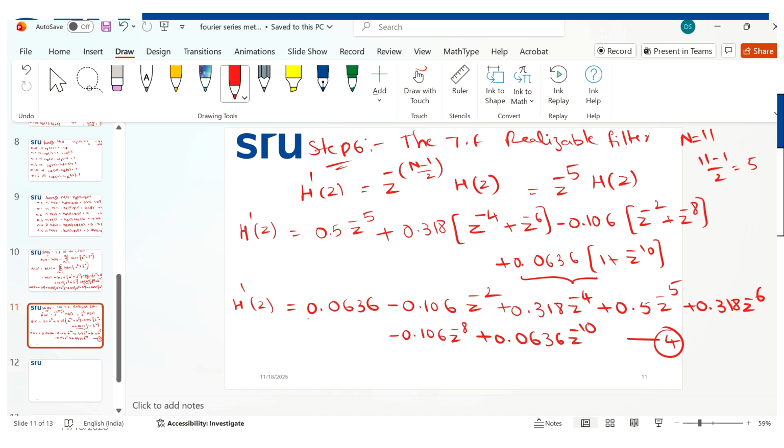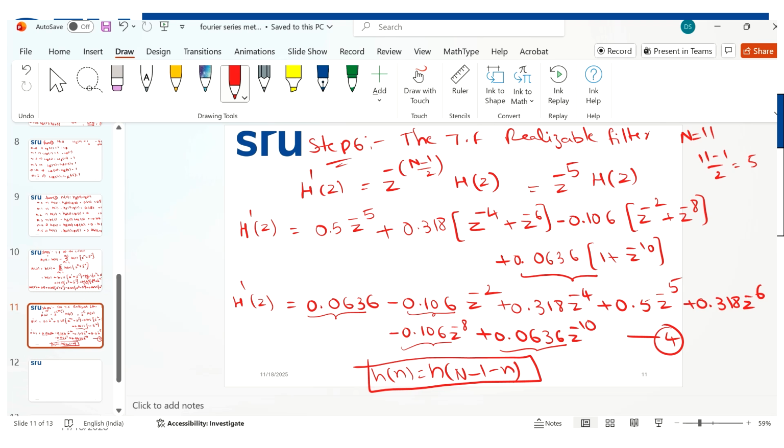See here the first coefficient is equal to the last coefficient. Next h(1) coefficient is equal to h(9) coefficient, right? So that is 0. Then h(2) coefficient is equal to h(8), that is h(n) equals h(N-1-n). Here it is satisfying, right?